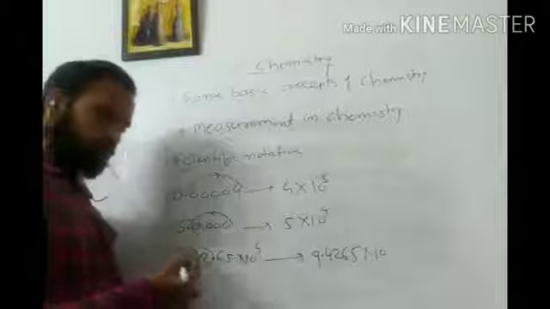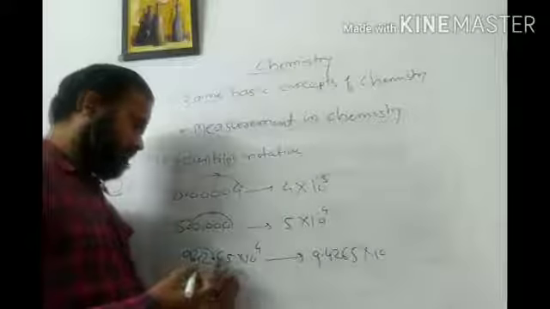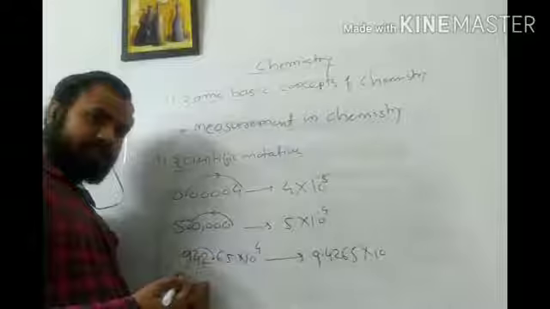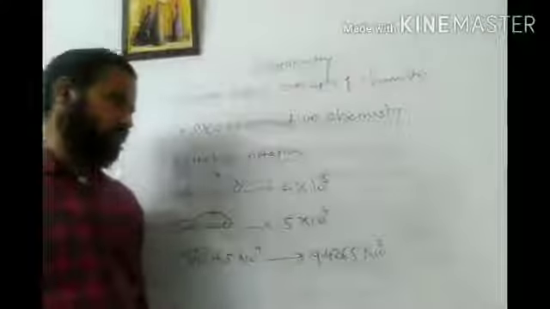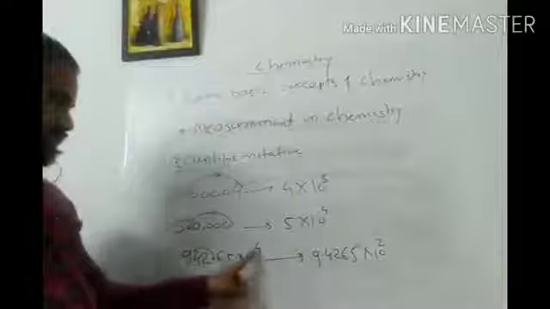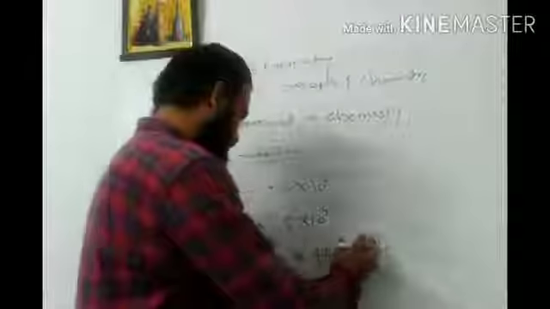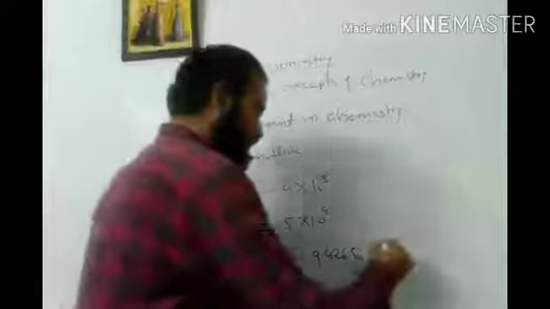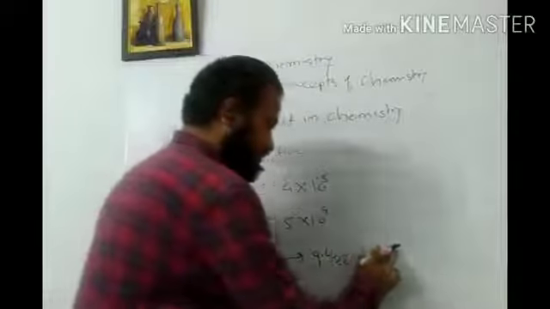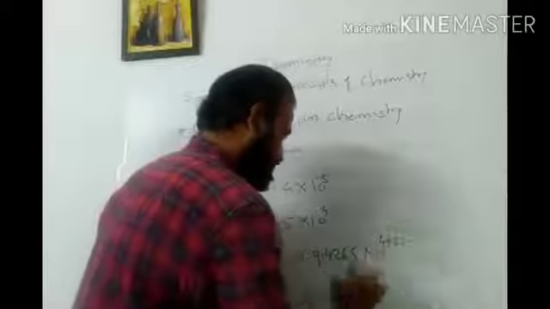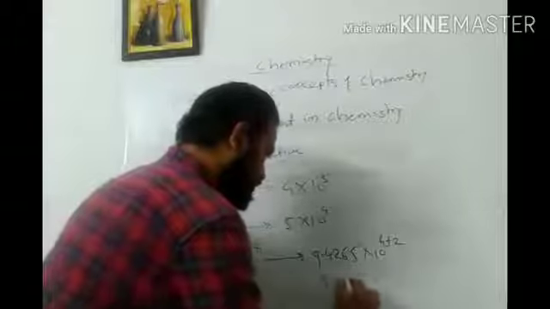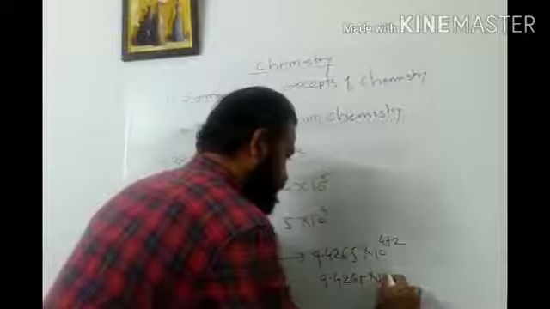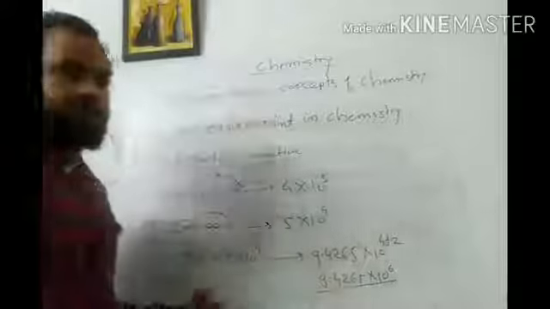Here I am shifting 2 digits. As I am shifting towards the left, I am decreasing the number, so I have to increase the power. So plus 2: 10 raised to 4 is already there, plus 2 means 10 raised to 6, isn't it? So I can comfortably write 9.4265 into 10 raised to 6. In this way you can write this number.